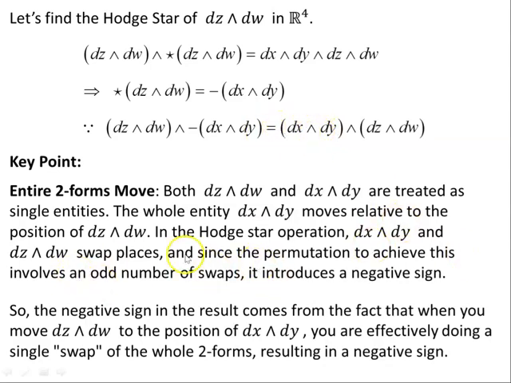Since the permutation achieved this involves an odd number of swaps, in this case 1, it introduces a negative sign. So the negative sign in the result comes from the fact that when you move dz wedge dw to the position of dx wedge dy, you're effectively doing a single swap of the whole two forms, resulting in a negative sign. Okay, but moving this one to the front, one swap changes the sign.